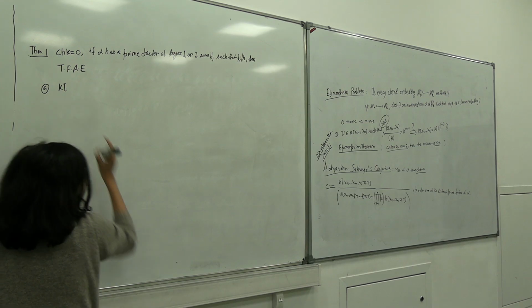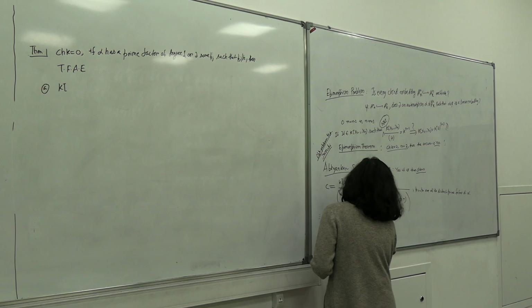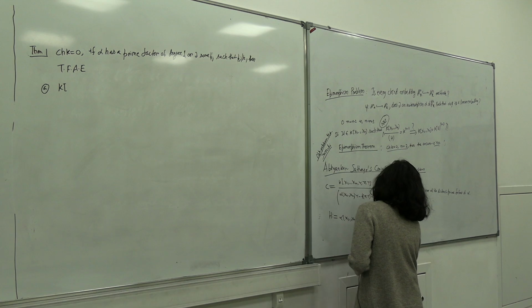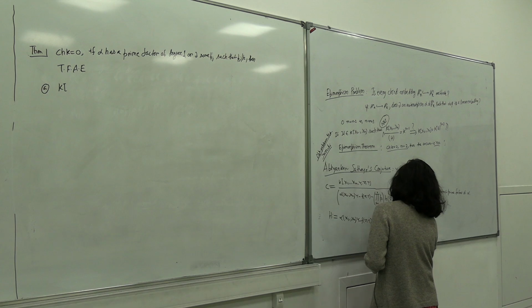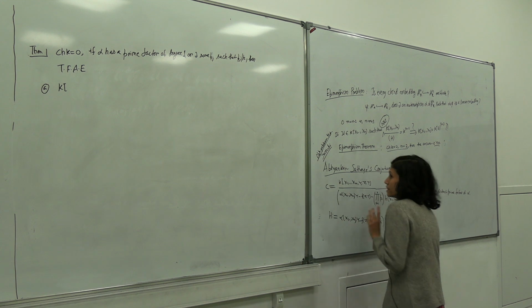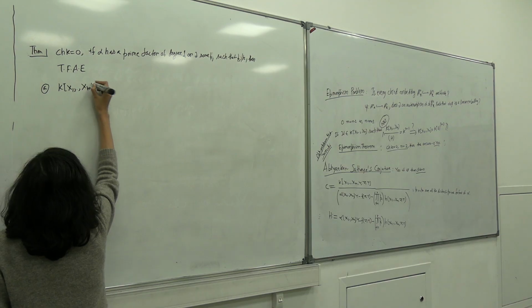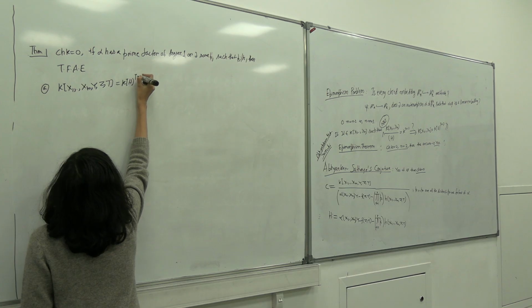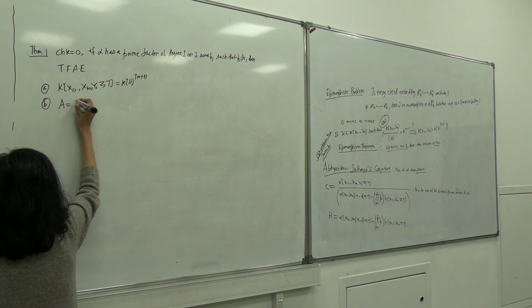First, let me call this hypersurface H. This is a coordinate. And this is equivalent to A being an affine space.